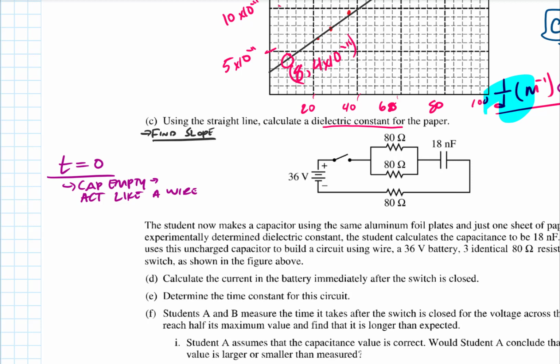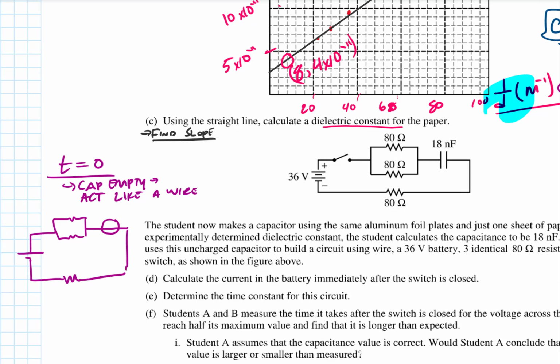So when time is equal to 0, my circuit looks like the battery, a resistor, a resistor. That capacitor is now acting just like a wire. It's not offering any impedance to the circuit. It's accepting charges, and at that instant, current is going to appear as if it's flowing through the capacitor like it's not even there.